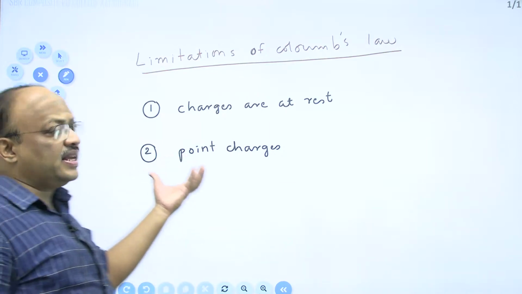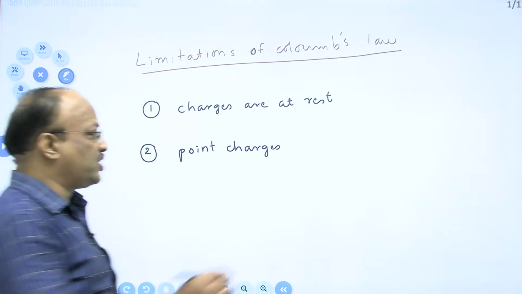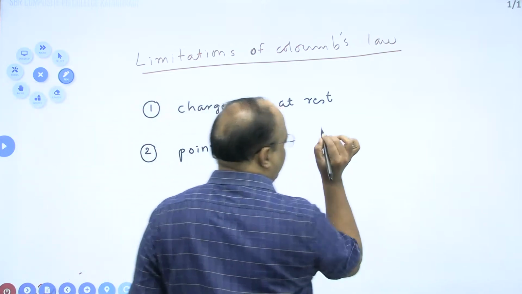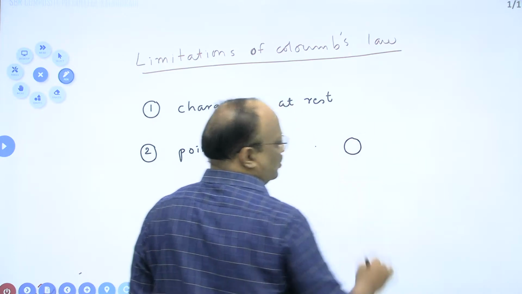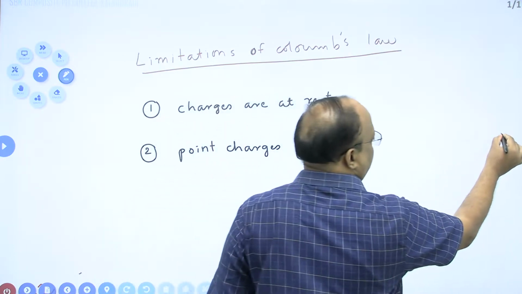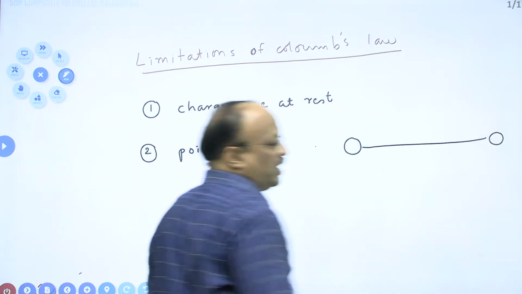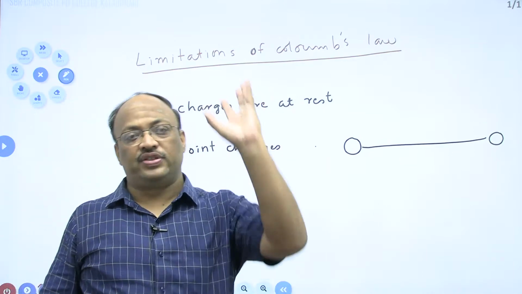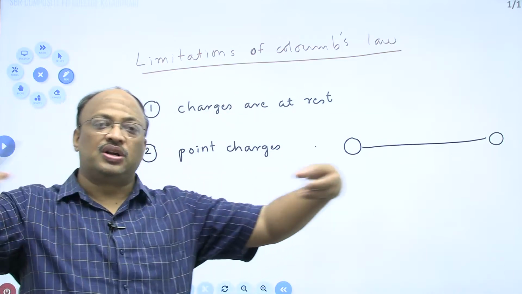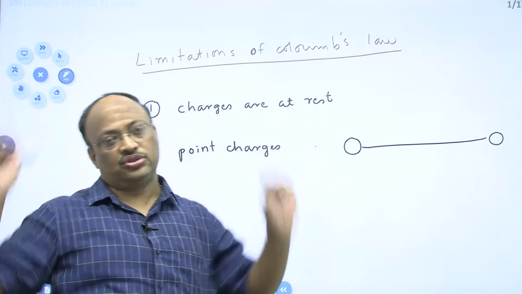If it is an extended charge rather than a point charge, then the separation between the two charges must be very large compared to their size.